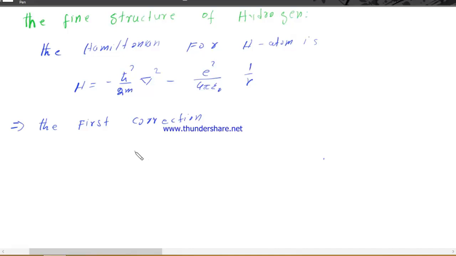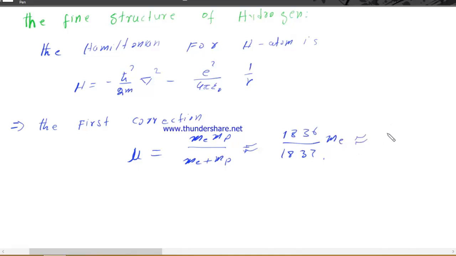The reduced mass is equal to the mass of electron times the mass of proton divided by the mass of electron plus the mass of proton, which is approximately equal to the mass of the electron, since the ratio is approximately 1.